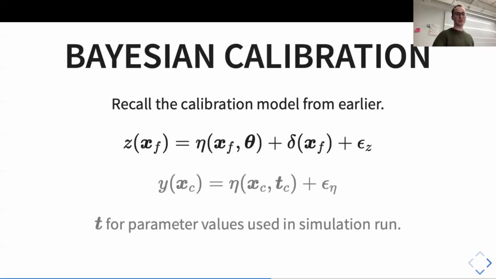And that is different from the next equation below, where xc is the points in space and time where the simulation has produced data. So I'm differentiating now between those two. So z is measured at points xf, and the simulation is outputted at points xc.